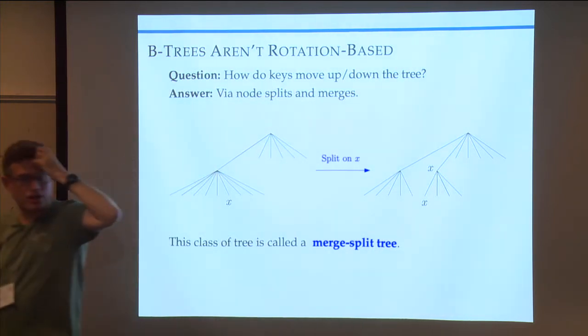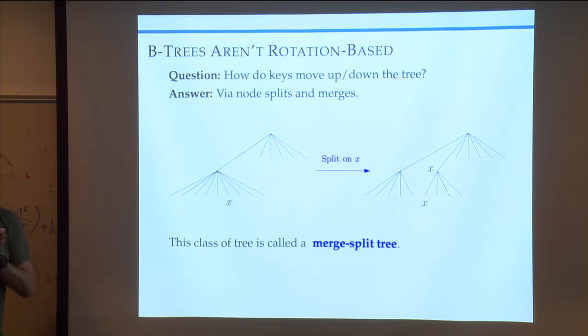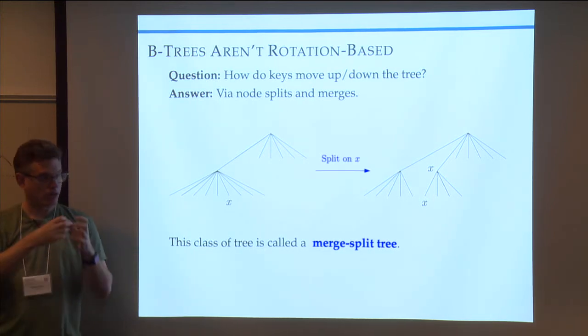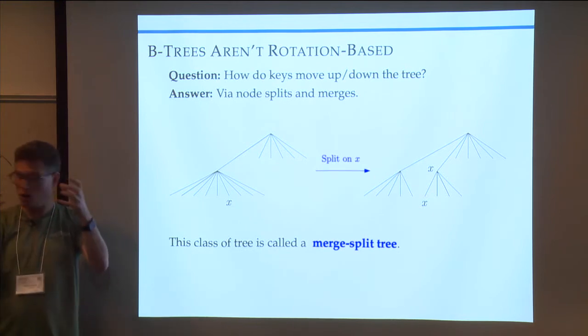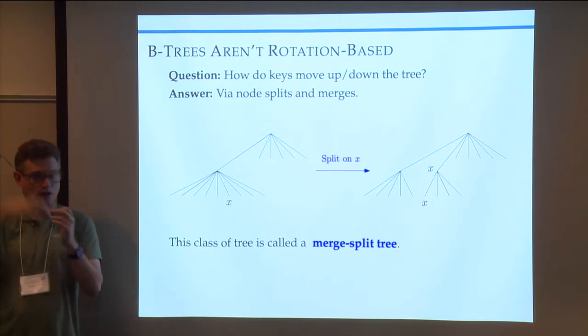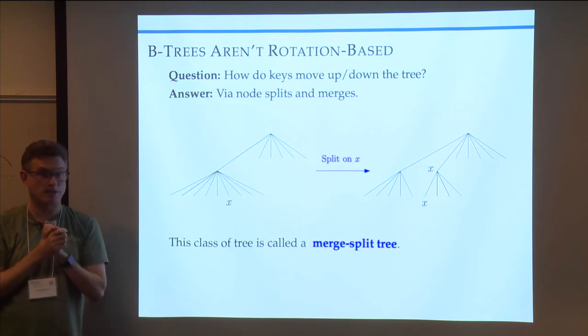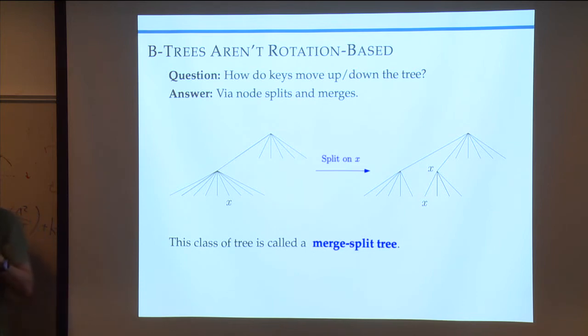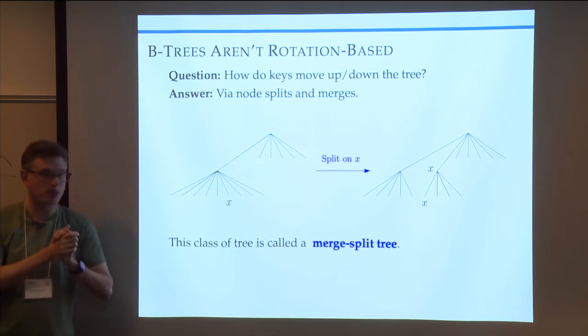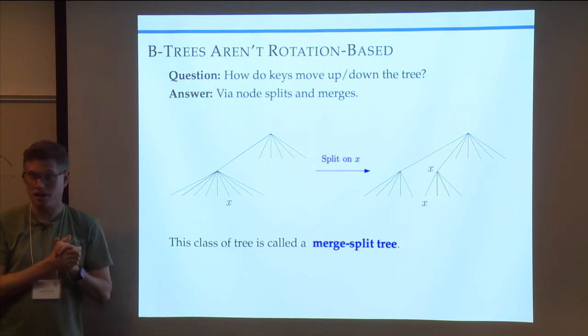I think that's a little telegraphic. What I was trying to say is the whole point of doing rotations is to move the elements that you're trying to access in the future close to the root of the tree, so that you don't have to go down the whole tree to access them. Right? So you want things that you're going to access frequently to be near the root of the tree. And the question is, with splits and merges, can you still do that?